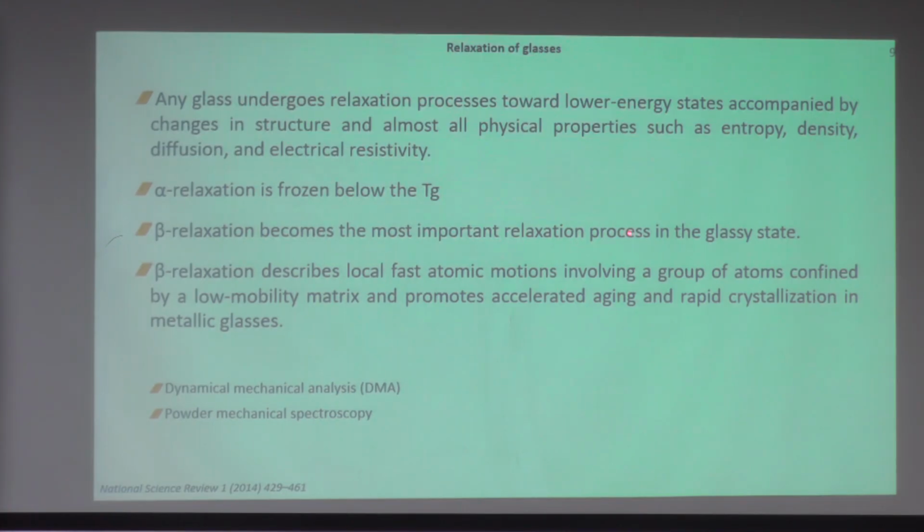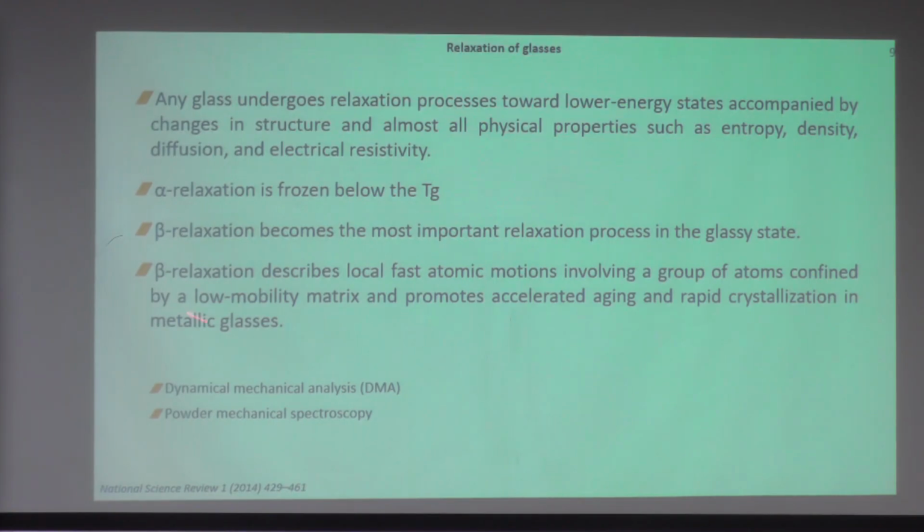What we are interested in is the beta relaxation, and this is an important process in the glassy state. Why is it important? Because the beta relaxation describes local fast atomic motions involving a group of atoms confined by a low mobility matrix, and it promotes accelerated aging and rapid crystallization in metallic glasses.